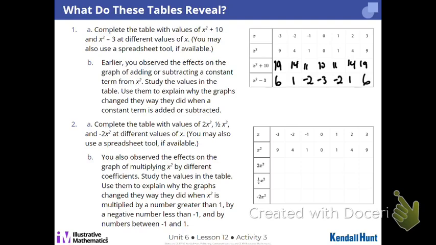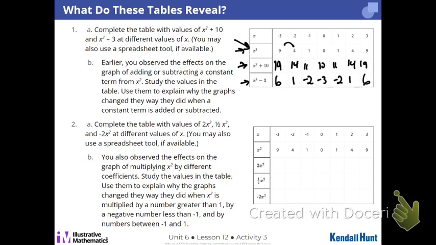So we need to use these numbers to explain why the parabolas have the same narrowness but are just shifted up or down. Every one of these is 3 lower than every one of these. You agree with that? Yeah. And every one of these is 10 more than every one of these. Here's how we prove that they're the same narrowness or width.